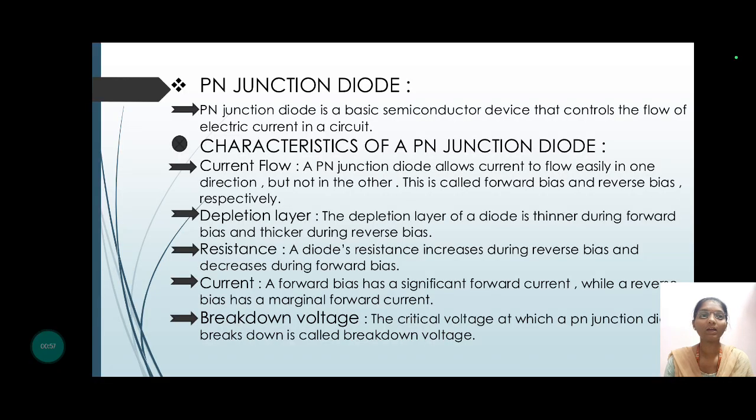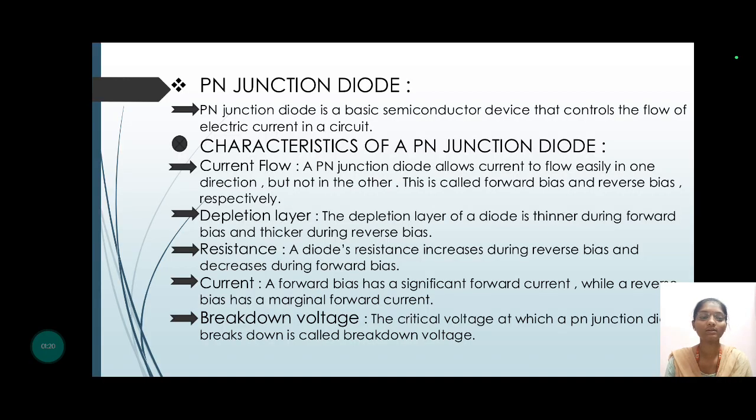Current flow. A PN junction diode allows current to flow easily in one direction but not in the other. This is called forward bias and reverse bias respectively. In the depletion region, the depletion layer of a diode is thin during forward bias and thicker during reverse bias. And the third one is resistance.